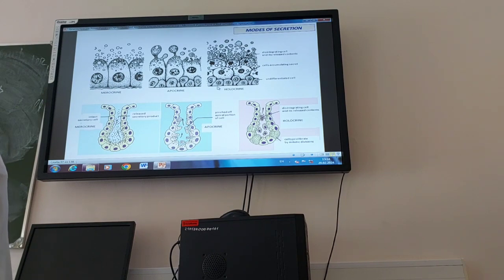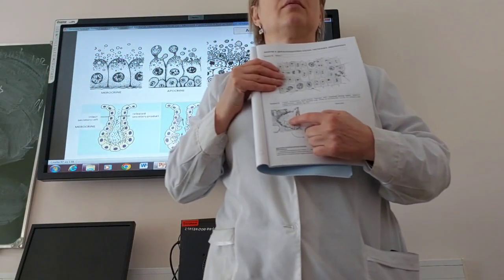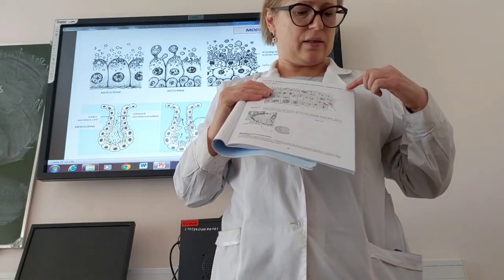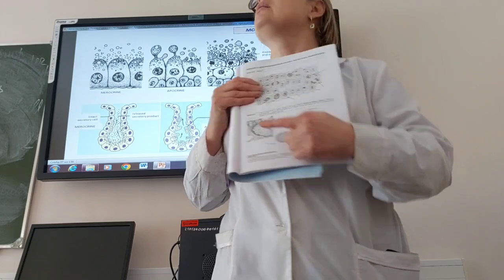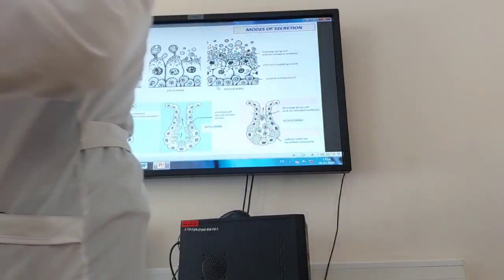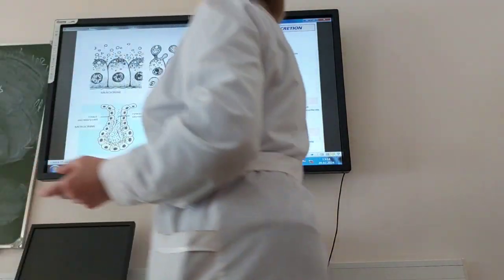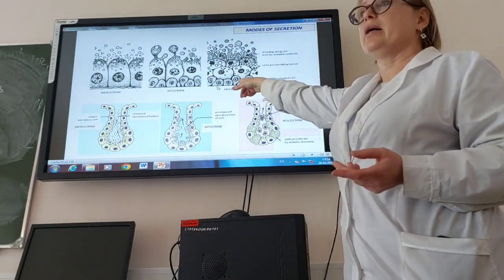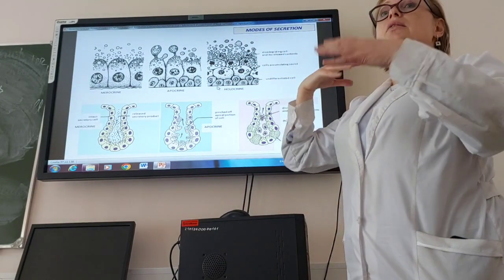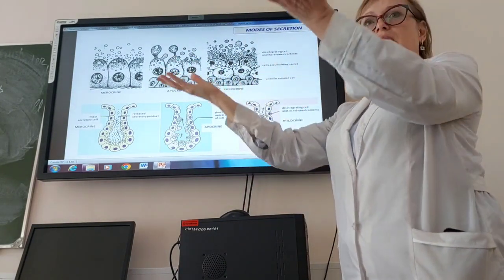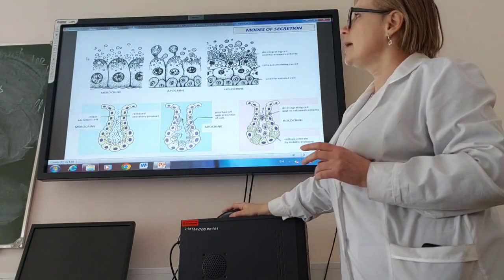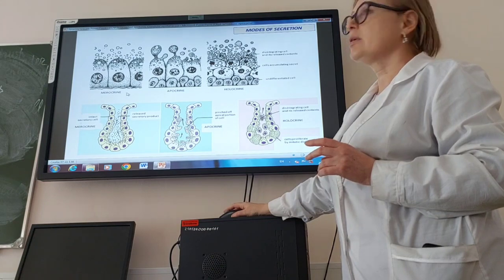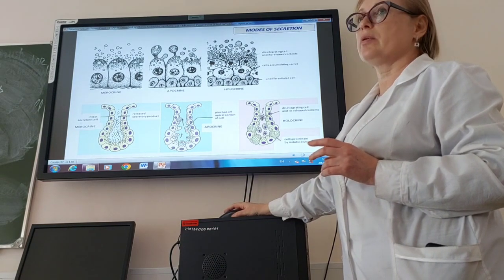What is it? This is class number 4. What is it? Sebaceous gland, yes. The sebaceous gland releases secretion using the holocrine type. Cells are destroyed and released. Sweat gland can have merocrine type secretion and apocrine.